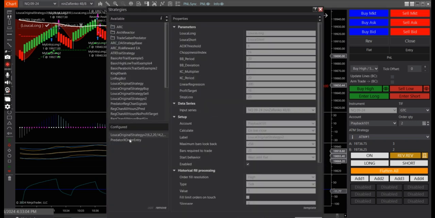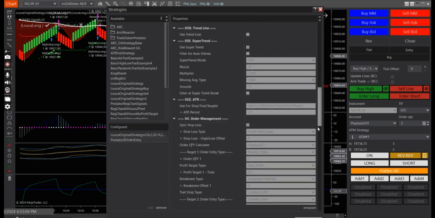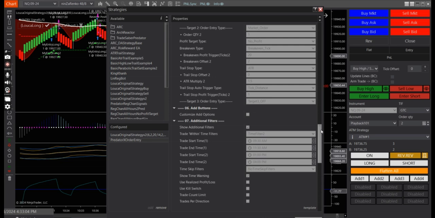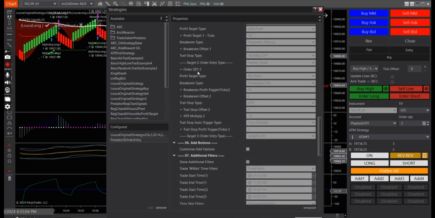So right here, I have the strategy enabled. That's why it's kind of grayed out, and you can see here I have quantity 2. That's the runner, and here in part 2 I had this.